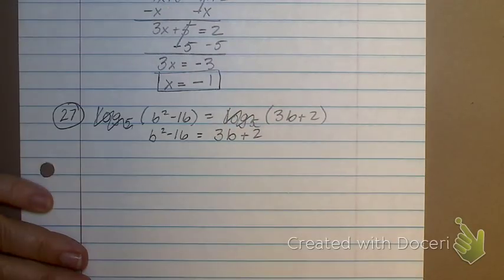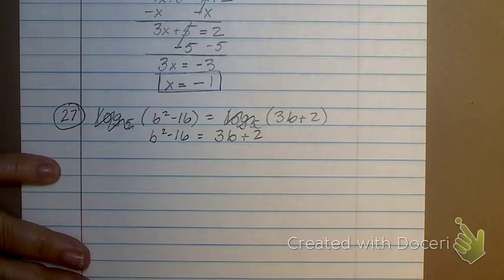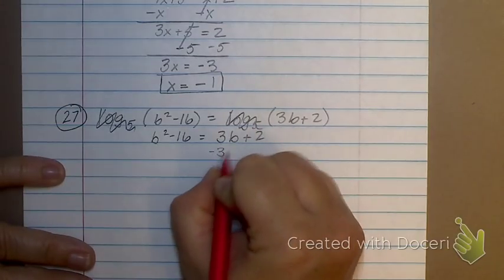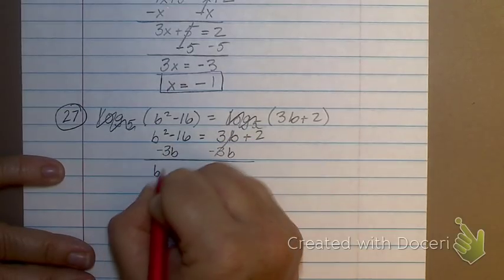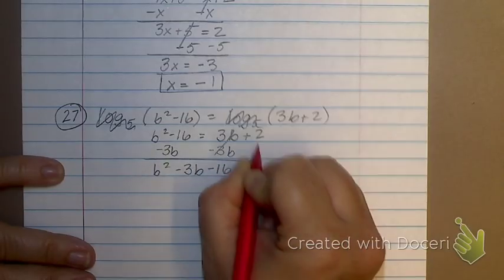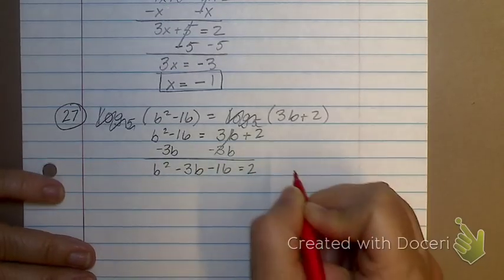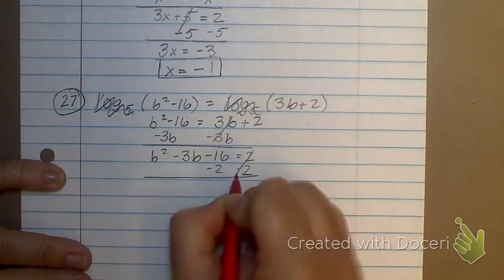What do I do when I have a b squared that I can't get by itself? I have to move everything to the same side and snowflake or factor. So I'm going to subtract 3b. That gives me b squared minus 3b minus 16 equals 2. Move the 2. So everything's over there.